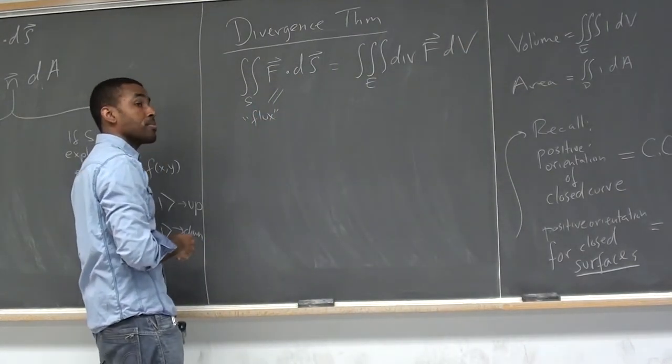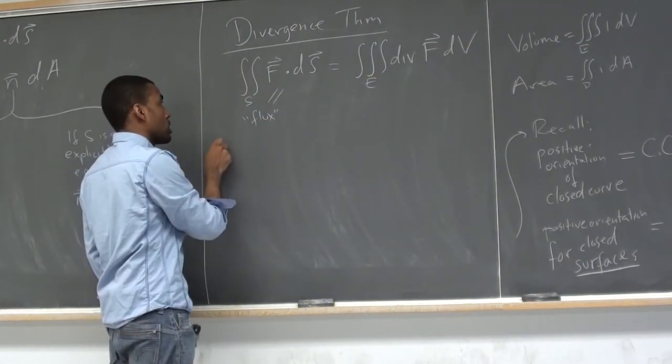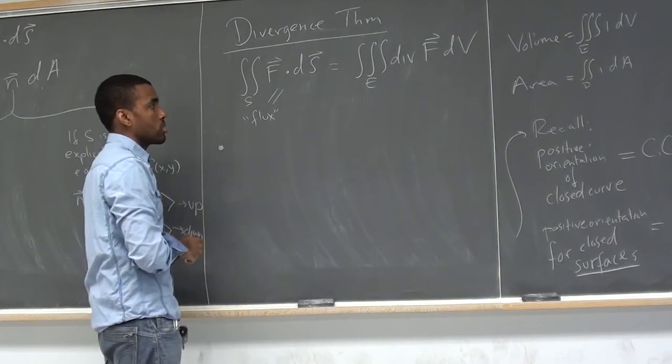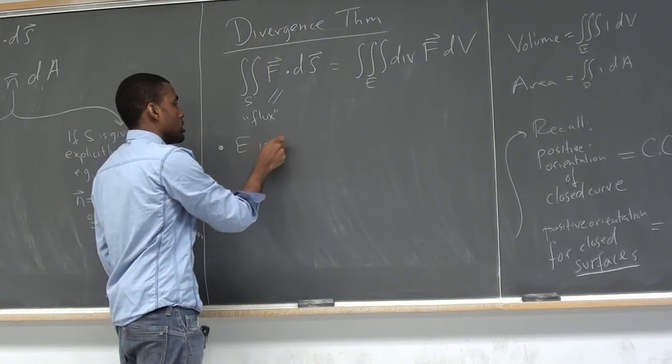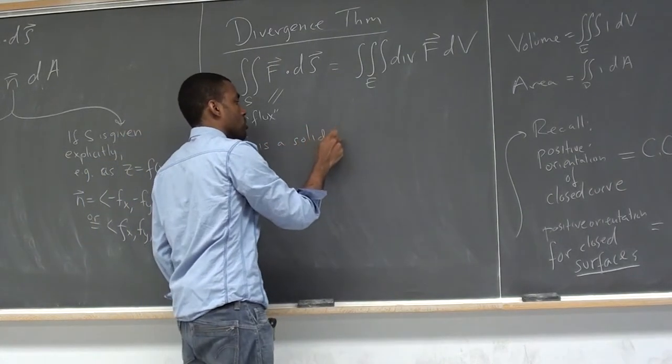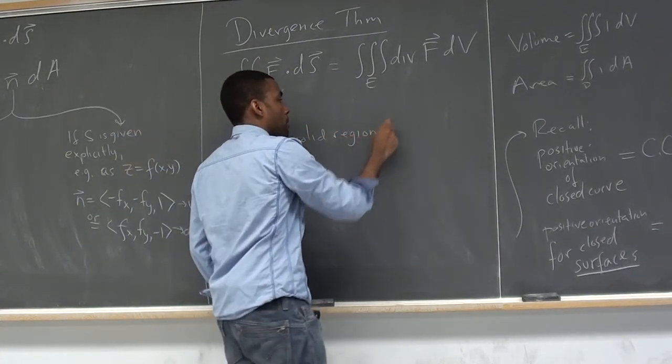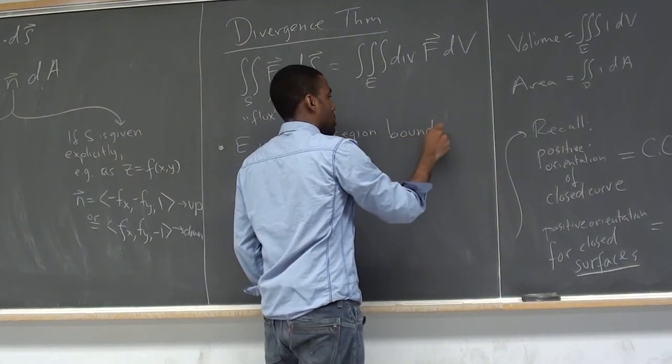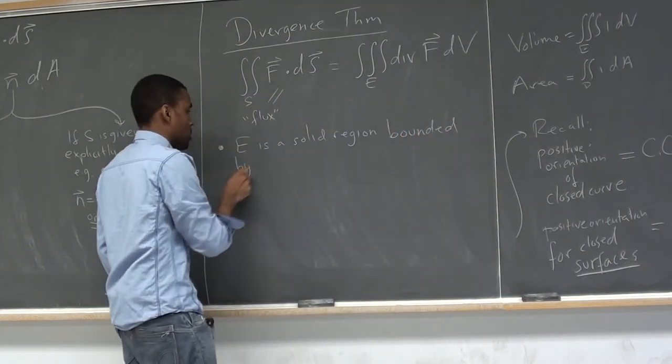And what are the conditions here? E is a solid region bounded by S, a closed surface.